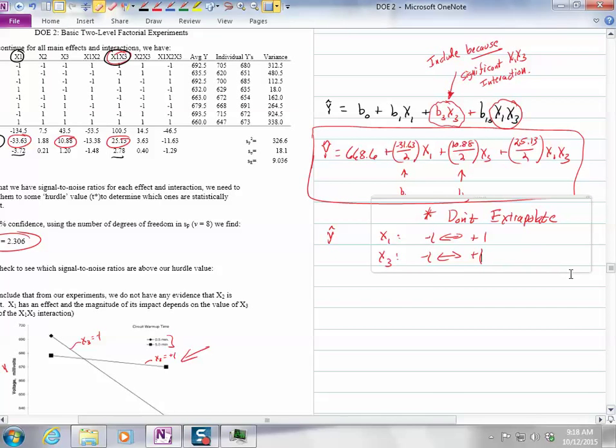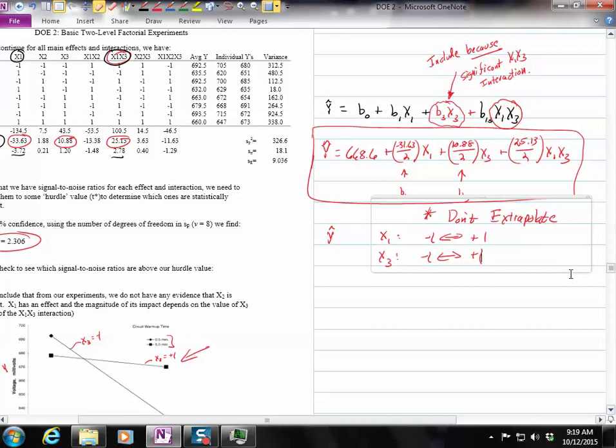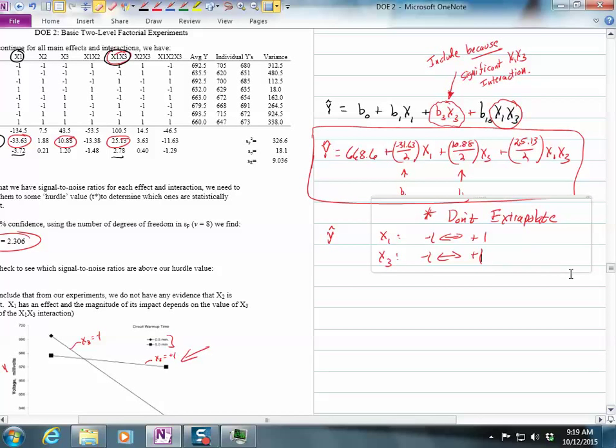If it's an amount of, say, impurity in our sample, we'll probably try to minimize it. If it's a strength, generally we try to maximize it. Once you know from practical experience whether you're trying to minimize or maximize, then this sign comes into play.